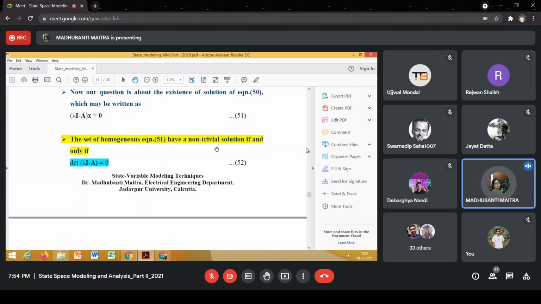And if the matrix lambda I minus A is non-singular, then we'll get only trivial solutions where x1, x2, xn will be all zeros. So if you want to obtain a non-trivial solution, then the determinant of this matrix lambda I minus A should be equal to 0.